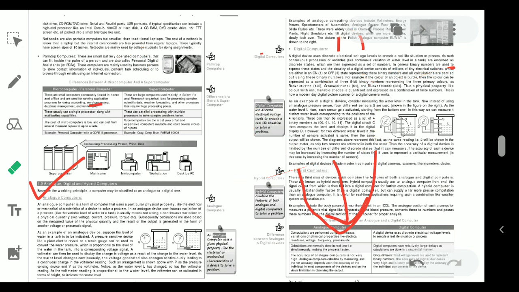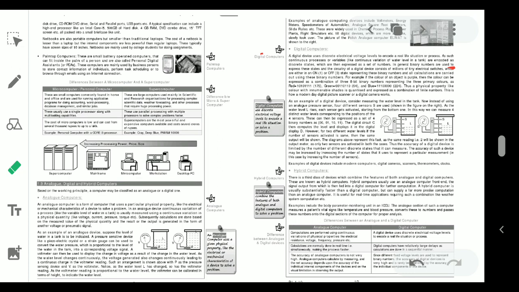But in an analog computer, computations are performed on the variation of different physical quantities, like voltage or resistance. Examples of digital devices are modern computers, digital cameras and scanners. Now comes the hybrid computer. Hybrid computers are devices that combine the features of both analog and digital computers. That's why it is known as hybrid.